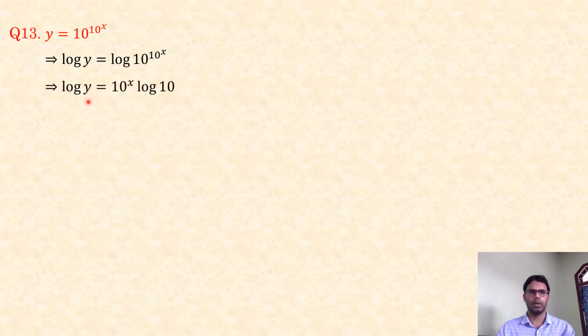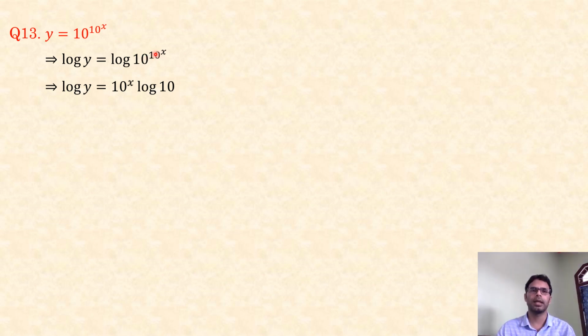So take logarithm, simple. So log of y is equal to log of 10 to the power x. Simplify here. Log y is equal to this power, 10 to the power x, will come in front of log. Not only x is coming here, because the whole power of 10 to the power what, that will come in front of log.